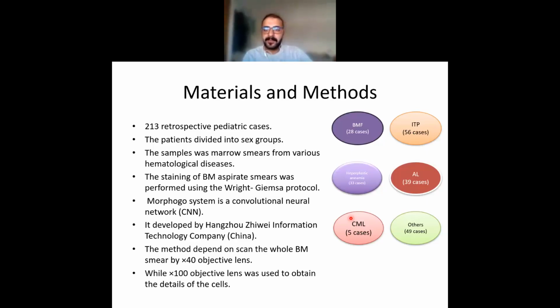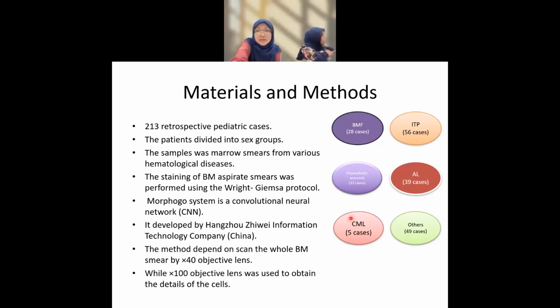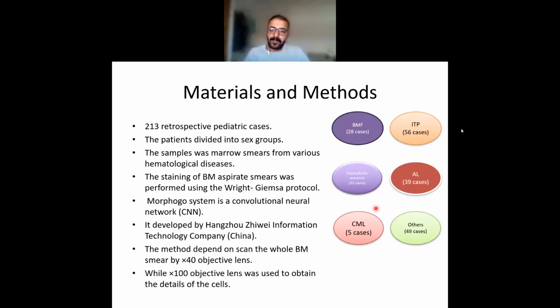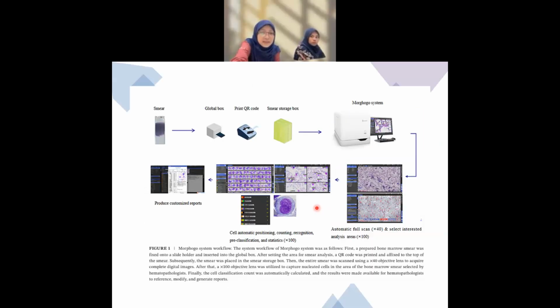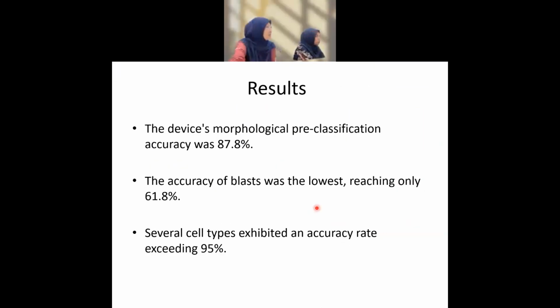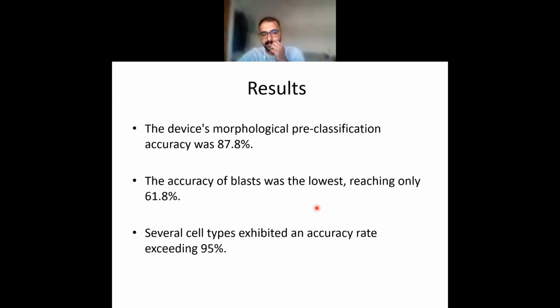So it's not very accurate, huh? Low accuracy? I don't remember which one, but I do remember 60 something. The accuracy for the blast cells, just for the blast cells, is 61.8, but the overall is 87.8.